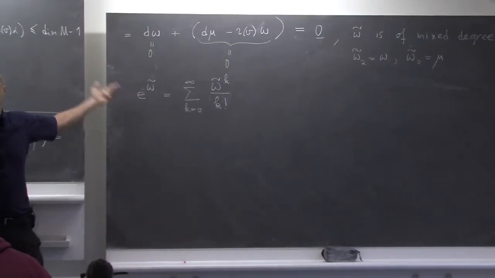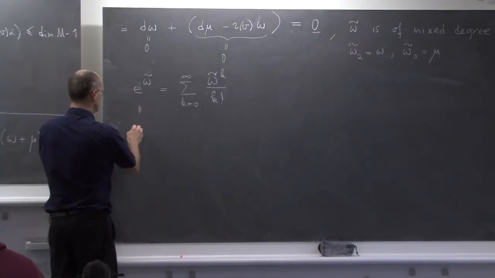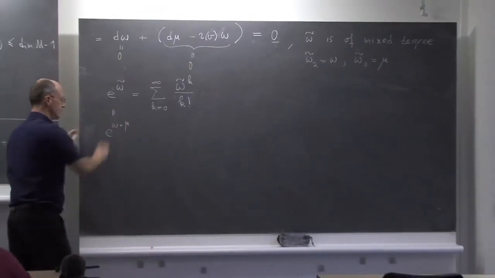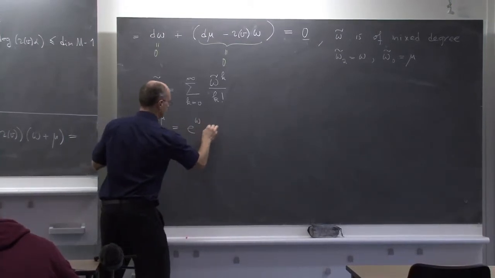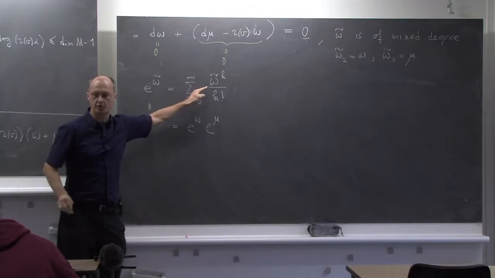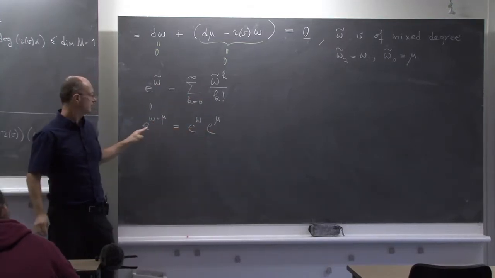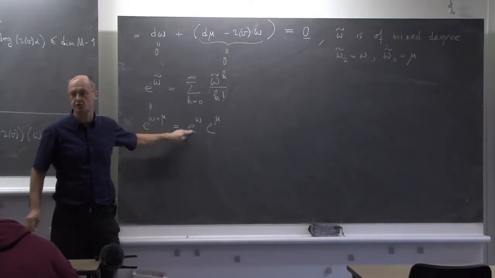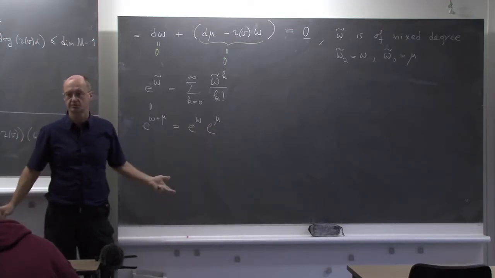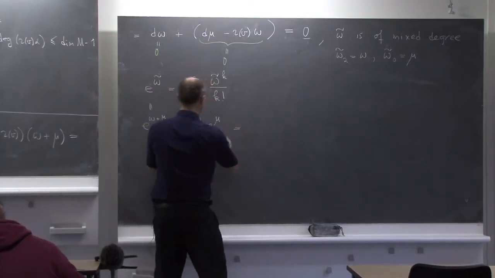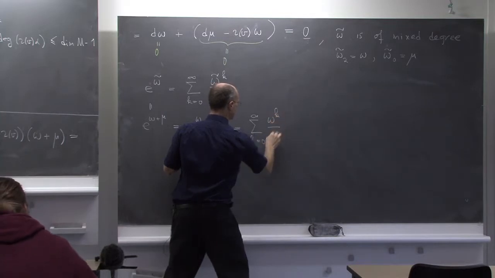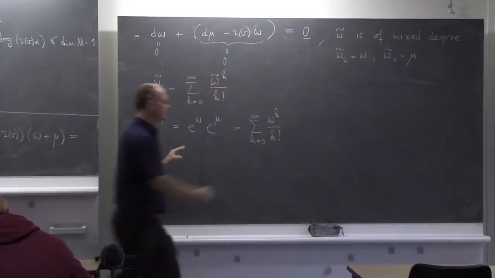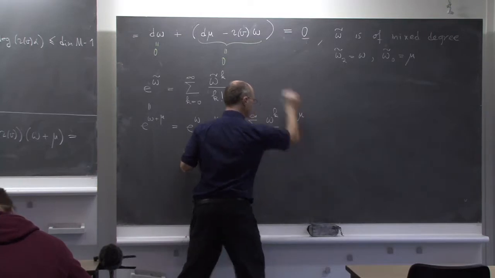Since it is formally defined as an exponential, in particular, it's an exponential of a sum. And so we know that such a power series would satisfy the rule that exponential of the sum is exponential of the first term times exponential of the second term, right? So now we can again write the first term as a power series and multiply it by the function e to the power mu.